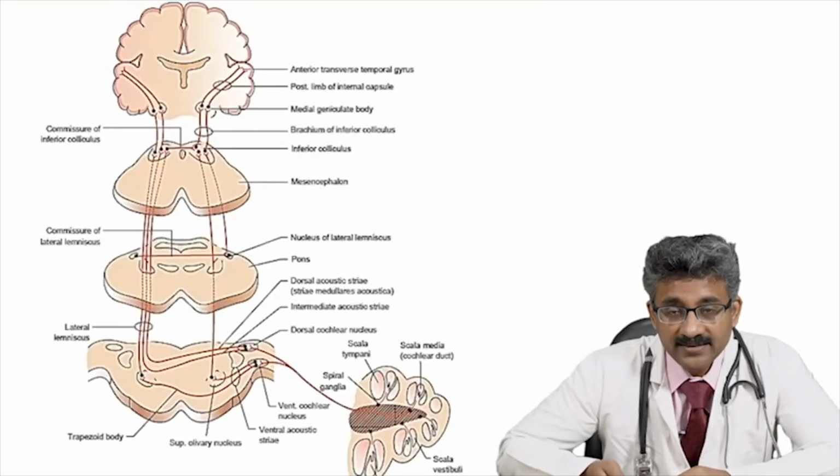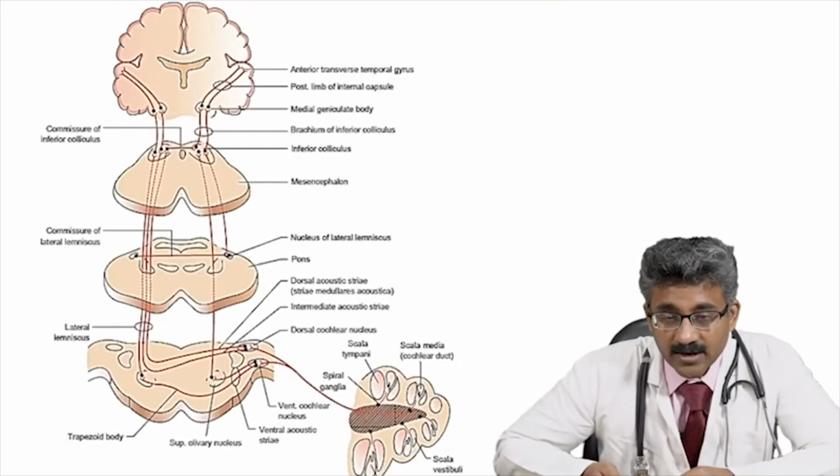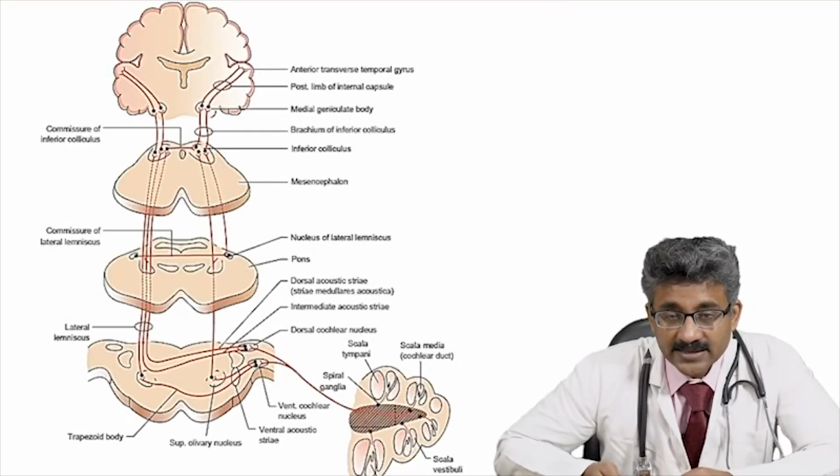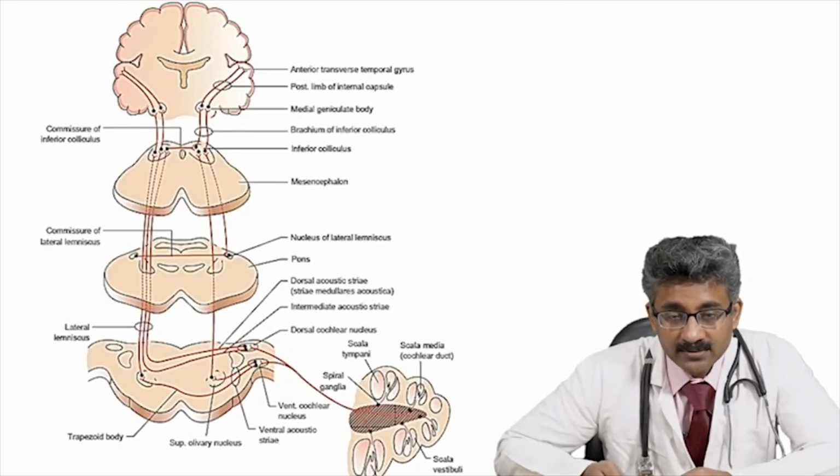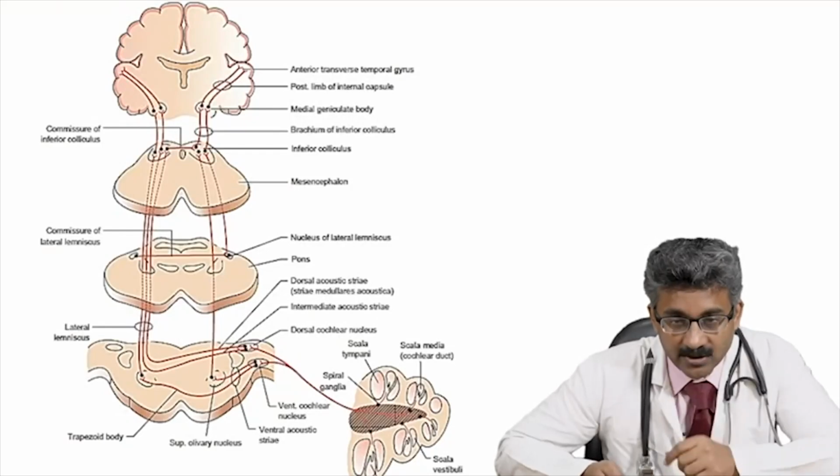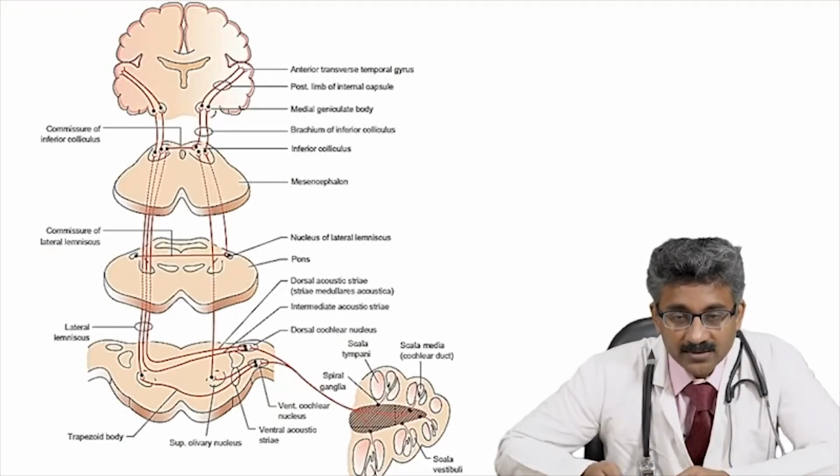So the cochlear pathway is shown here from the organ of Corti, scala vestibuli, scala media and scala tympani. The ganglia will go there, and then synapse in the ventral and dorsal cochlear nucleus. Then most of the fibers decussate to the opposite side and synapse in the superior olivary nucleus, and then ascend as the lateral lemniscus.